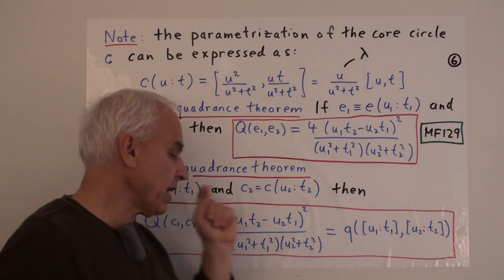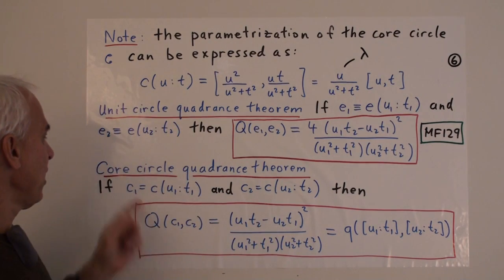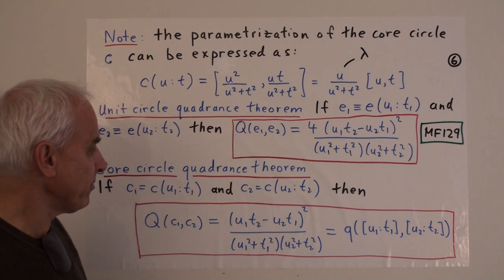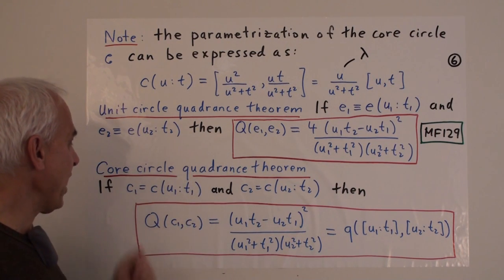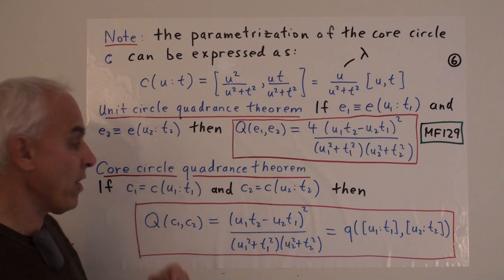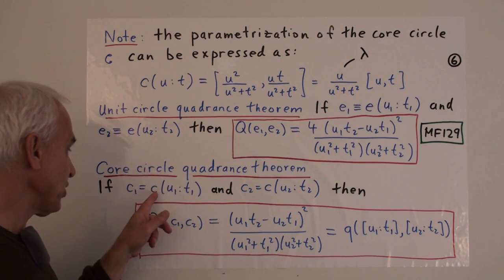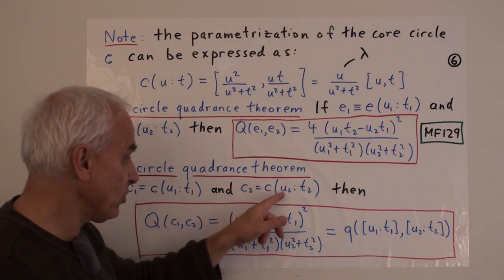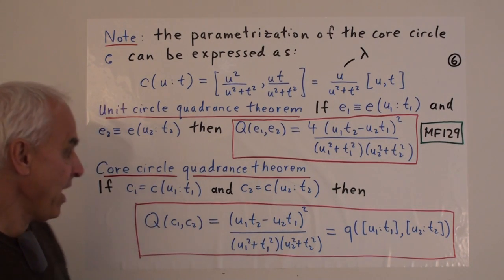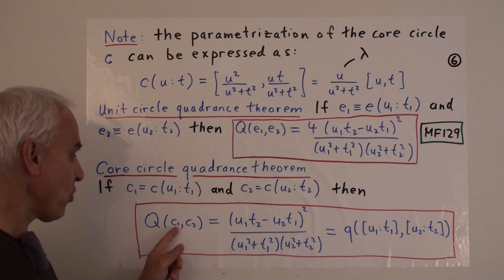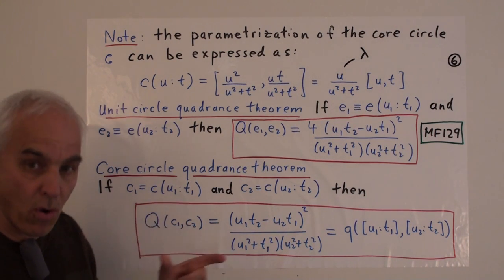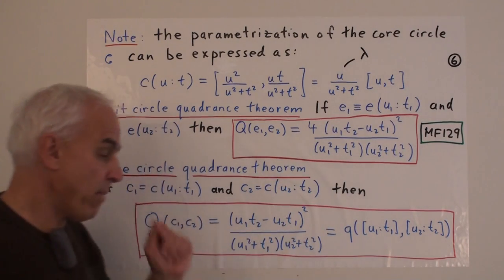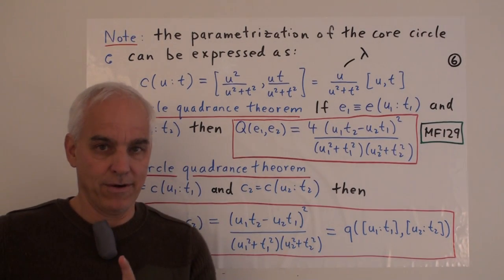All right, so now let's look at the corresponding fact for the core circle, the core circle quadrance theorem. It is that if we have two points, C1 and C2, on the core circle, in other words, they're parametrized by C of u1 to t1 and C of u2 to t2, then the ordinary Euclidean quadrance between those two points on the core circle is given by exactly the same expression, but without the 4.